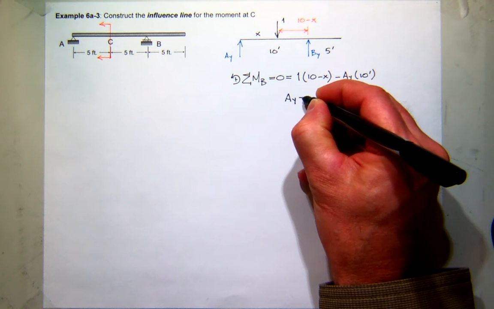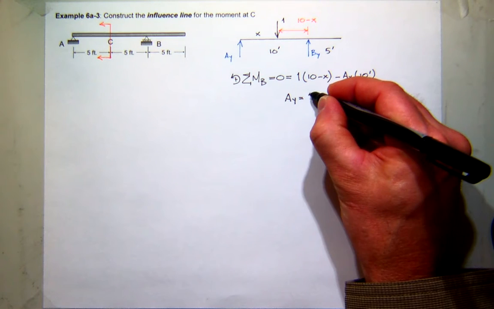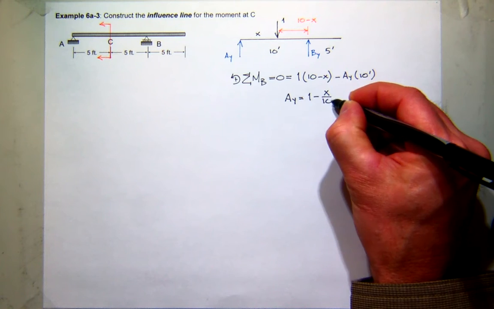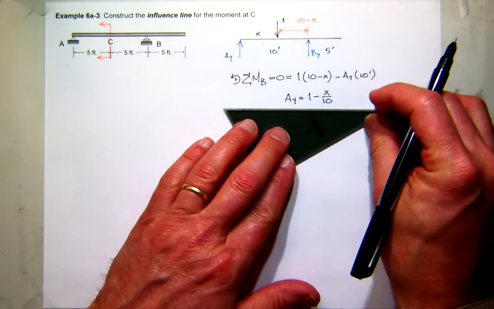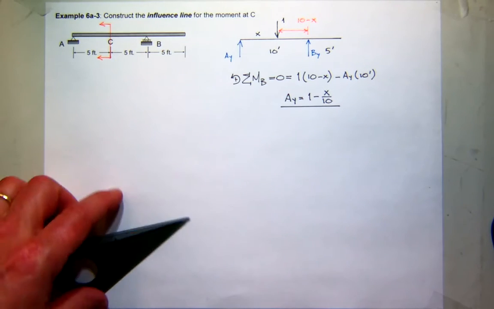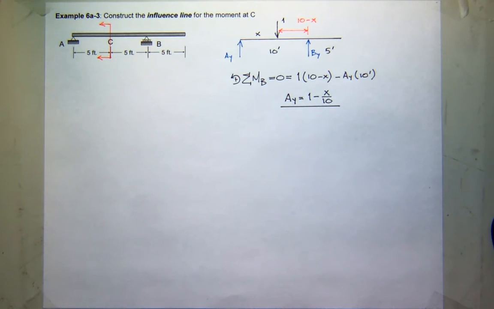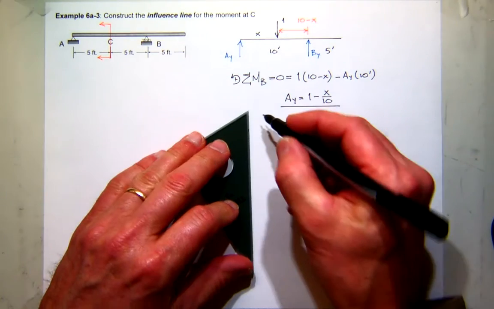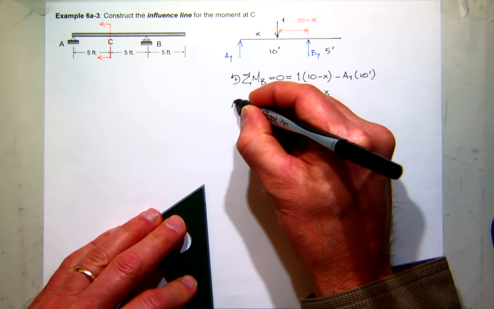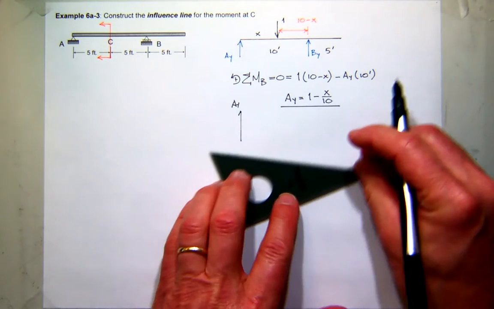And it looks like AY is going to be equal to 1 minus X over 10. So that's really the influence line for AY. And you could plot that if you like. And it would look something like this.